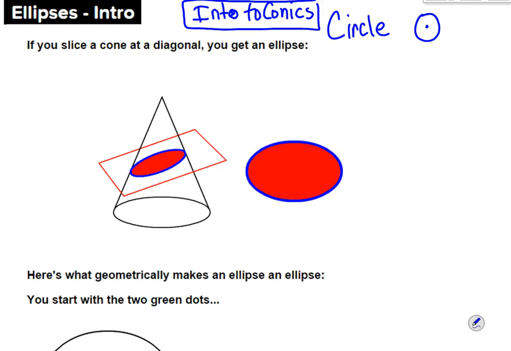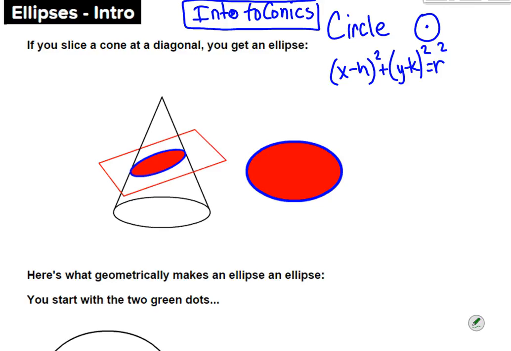If you remember, we can take (x minus h) squared plus (y minus k) squared equals r squared. We had that formula earlier in the year. So circles are conic sections we're already familiar with. The book authors, or the final you'll take from SMSU, might also have ellipses and hyperbolas.